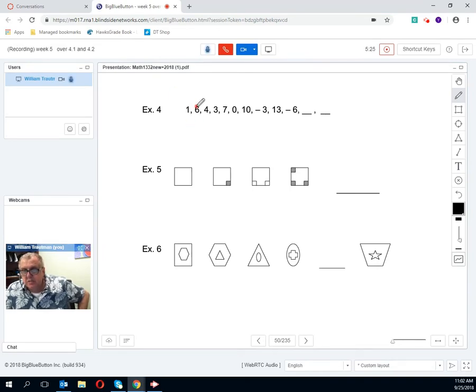I multiplied by 6, I subtracted 2, I subtracted 1. Added 5, subtracted 2, subtracted 1. Added 4, added 7, or subtracted 7, subtracted 10, subtracted 13. 7 minus 4.